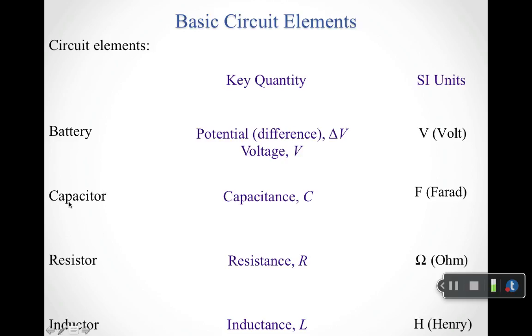When we start mixing elements, putting together capacitors and resistors, or resistors and inductors, inductors and capacitors, then we're going to have things that are changing in time. Instead of having a steady state circuit, we'll have a circuit that has time variation to it. So we're going to initially start with just our steady state circuits, and then we'll come back and talk about our transient circuits later.